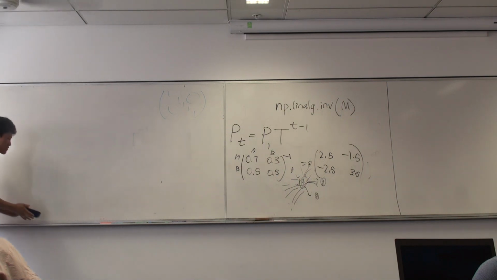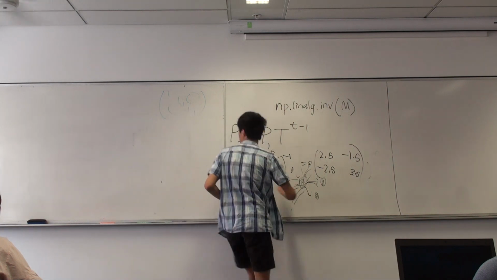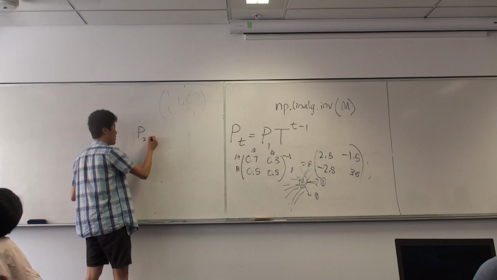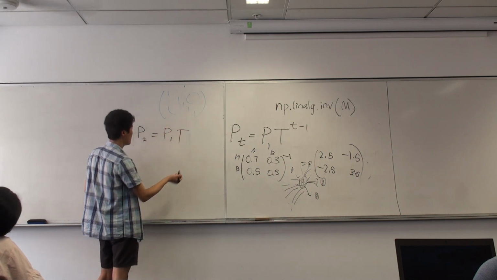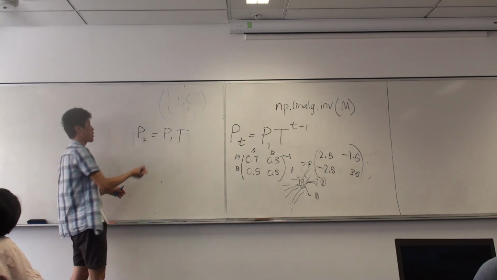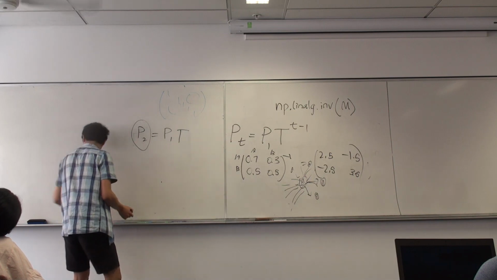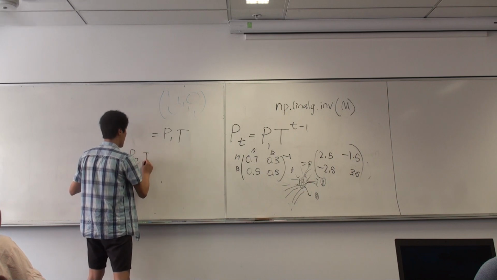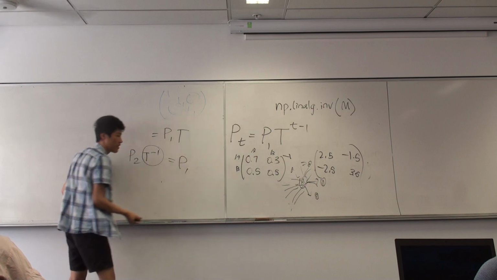Remember the question was that I want to find some sort of matrix. Remember P2 is P1 times the transition matrix. My question was to find P2 times some inverse, some sort of thing which equals P1.